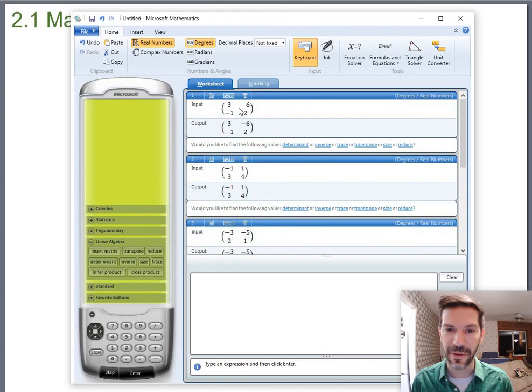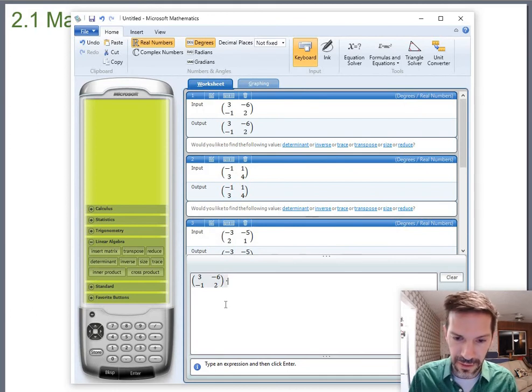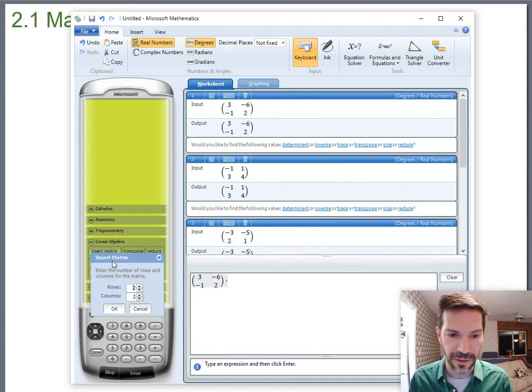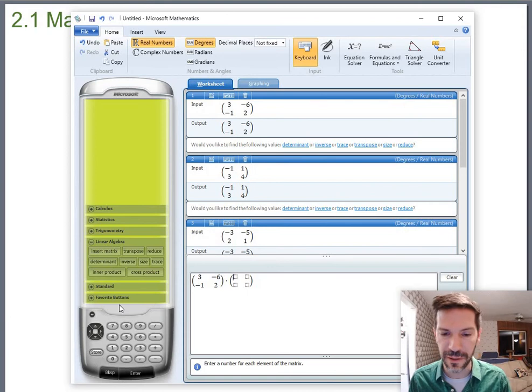Let me come back to my very first matrix, the 3, -1, -6, 2, and I am going to come up with the matrix on my own here. Let's get another 2 by 2 matrix. Keep in mind the vector by vector version of matrix multiplication, the first one that we looked at. Notice my columns here: I've got 3, -1, and -6, 2.